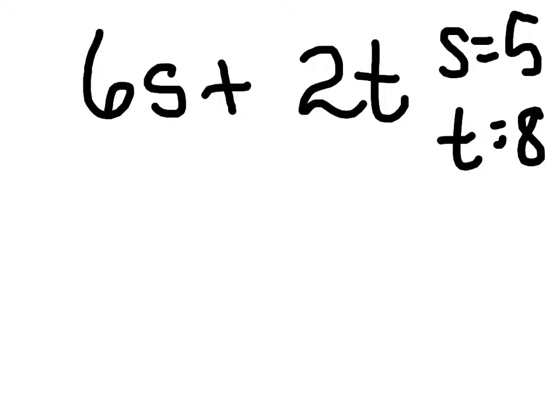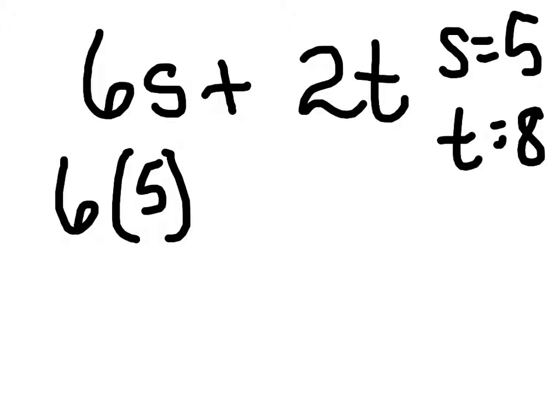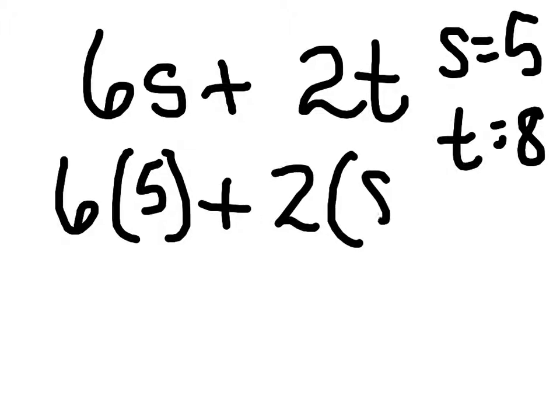So notice that I'm going to use an open paren, closed paren, just to get you used to seeing that. So we'd have 6 open paren, 5 closed paren. Remember, if you've got a number right next to a parenthesis and another number, that just means multiplication, plus 2 times open paren, 8 closed paren, so that just means 2 times 8.